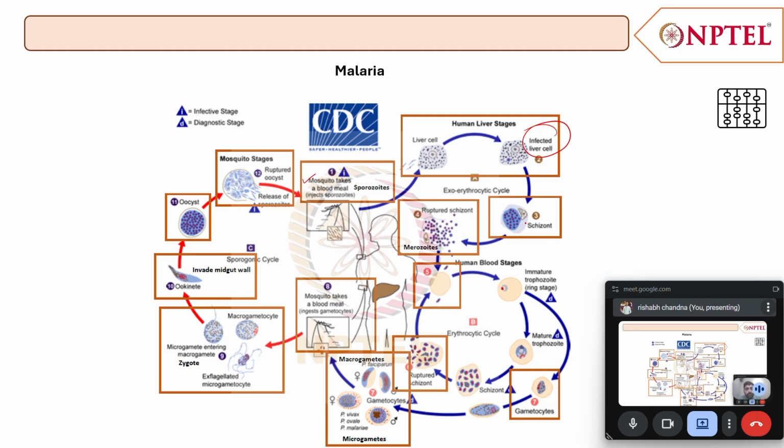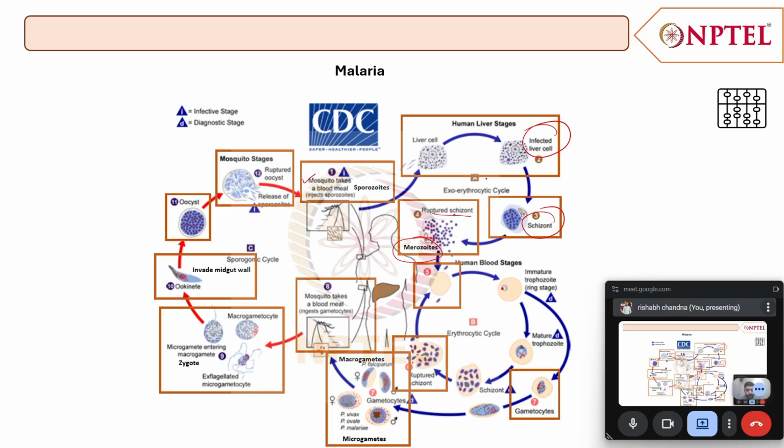Now they grow and become a schizont. This schizont grows and ruptures, and this releases the merozoites.